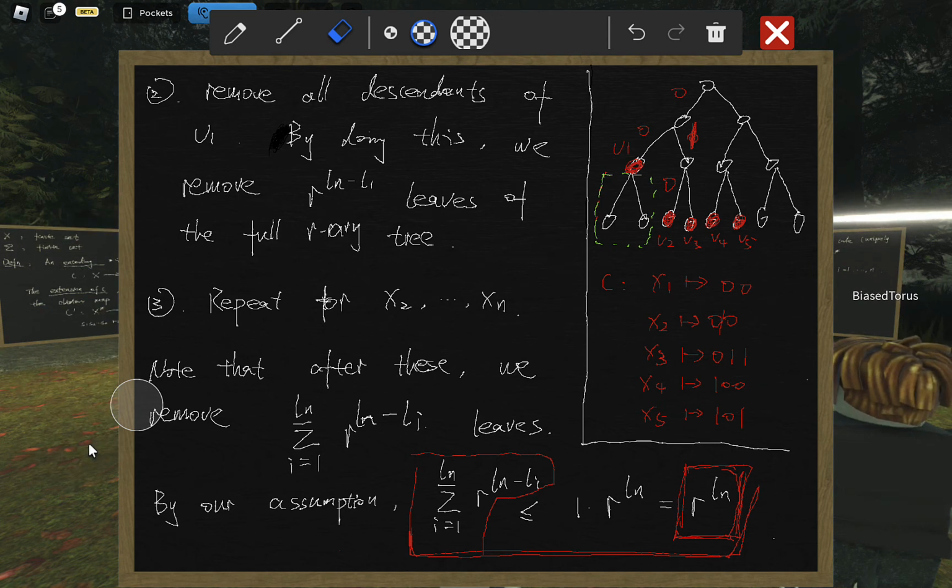Okay, I see. So the reason we order them from L1 up to Ln is that you can't choose deeper nodes first because you might later somehow remove its parent. So you do those first. Yes. Cool.